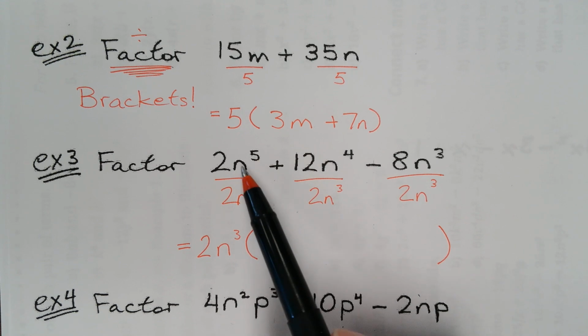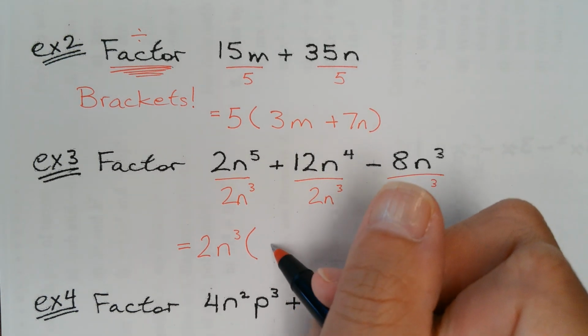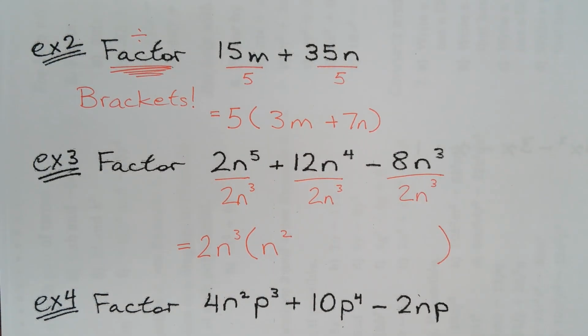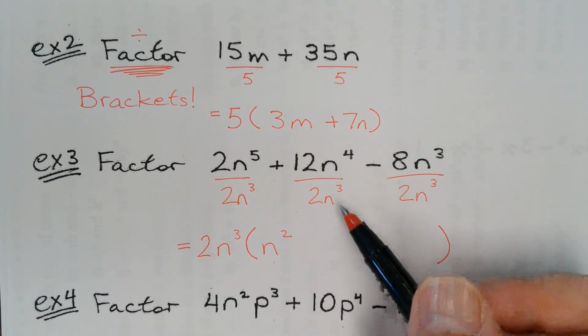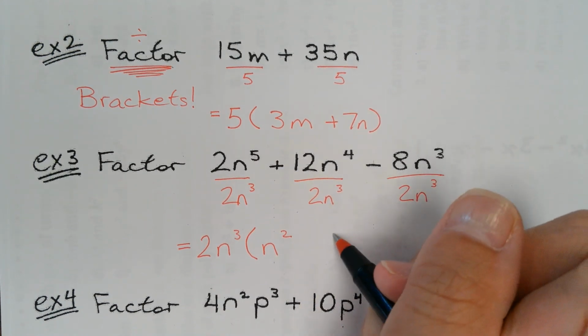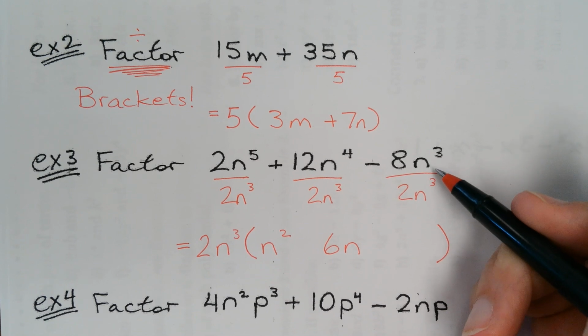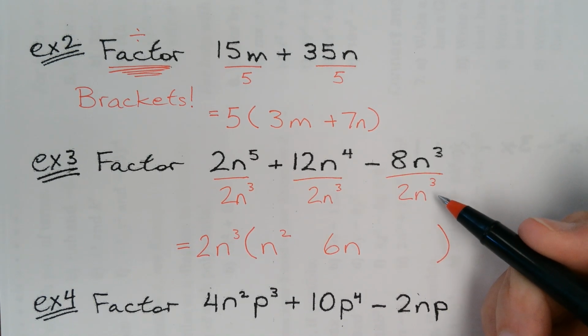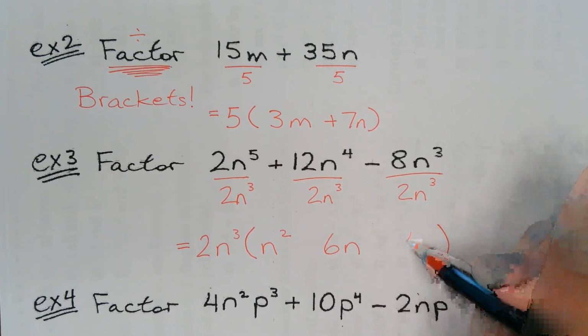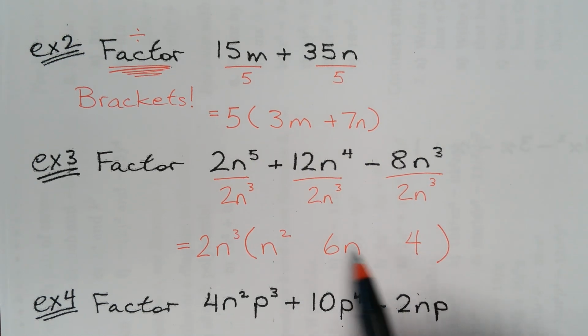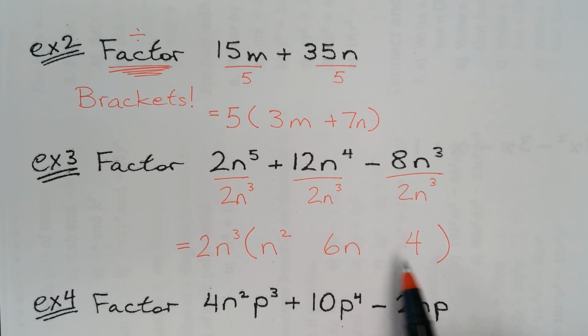Okay, so what's 2n to the 5th divided by 2n cubed? You get n squared. Good. What about here? 6n. And here? 4. Okay. Notice it looks really weird. Again, you have to have a plus or minus sign to connect the terms.